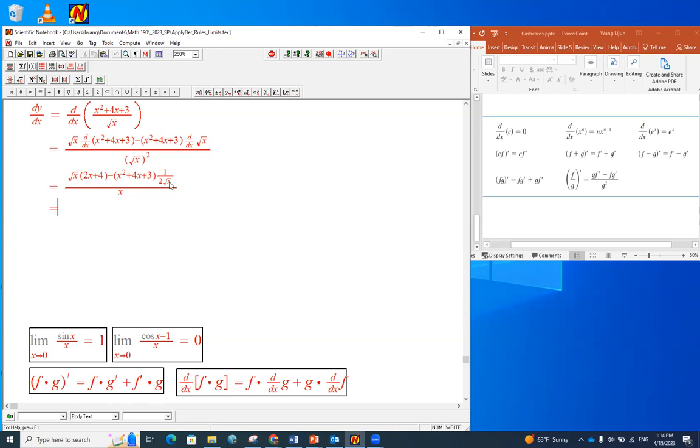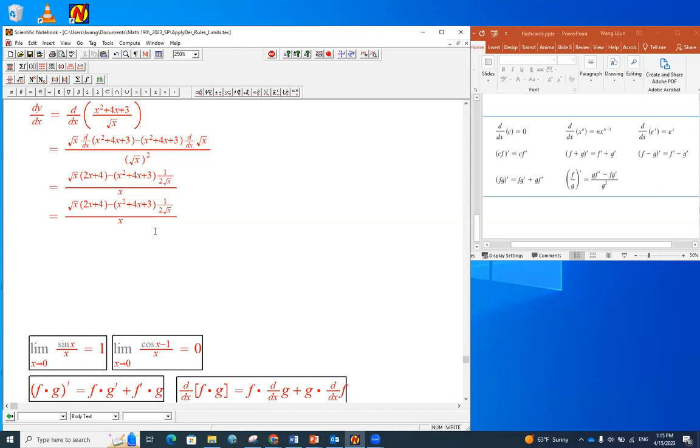So we have a denominator here, 2 times square root of x. Then you would try to reduce it. How do we reduce that? Common denominator, right?